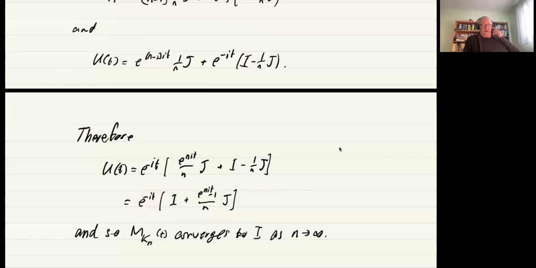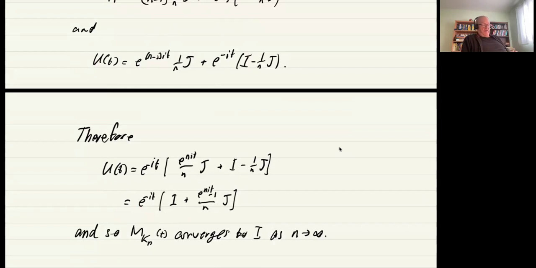Now, as I said, to understand what's actually happening from experiment, it's not the entries of U of t that matter, it's the absolute values of the entries of U of t. When you take absolute values of the entries of U of t, this plays absolutely no role. Its absolute value is 1. So it's just this part that matters. And the second thing is e to the nit. Well, its absolute value lies between 1 and minus 1.